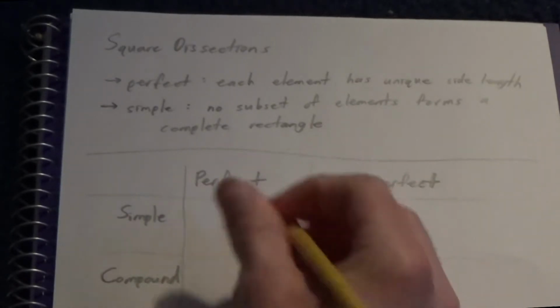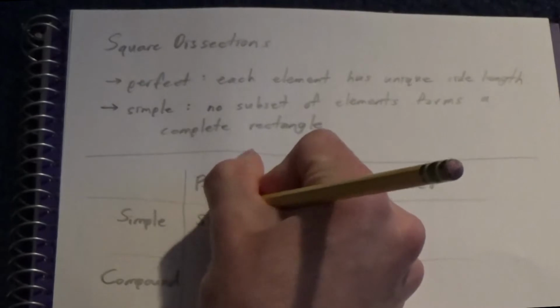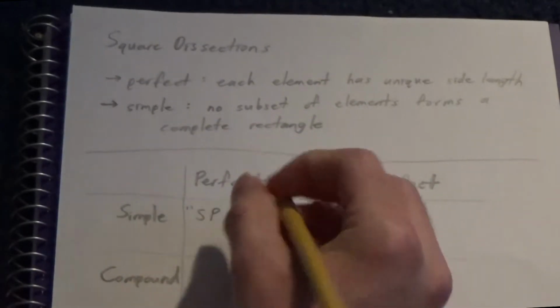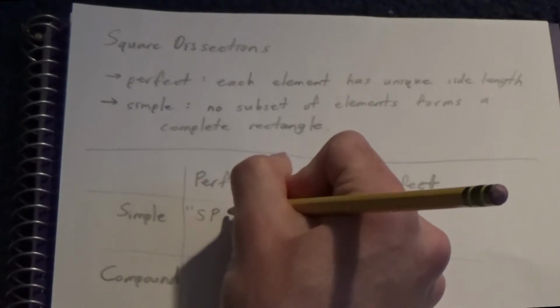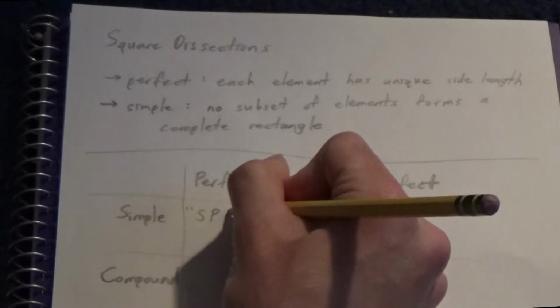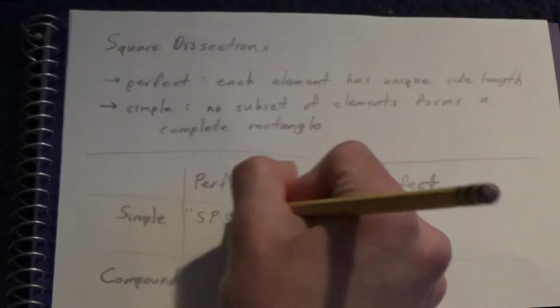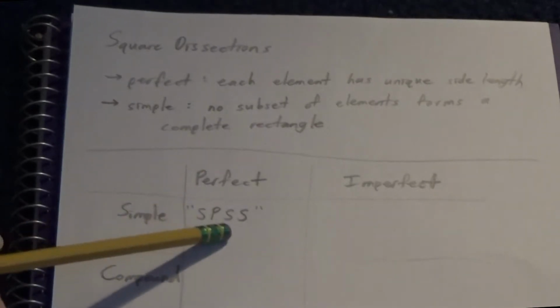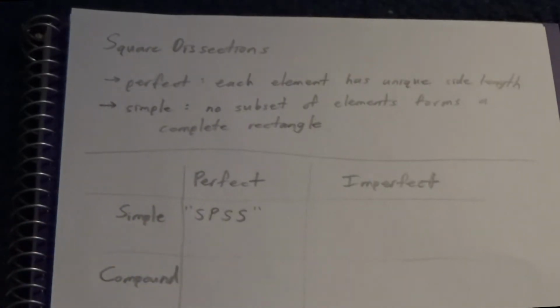For the upper left panel, we get what's called a simple perfect, and very often you might see squared square or squared rectangle. So for the specific case, it's SPSS, which is a simple perfect squared square.